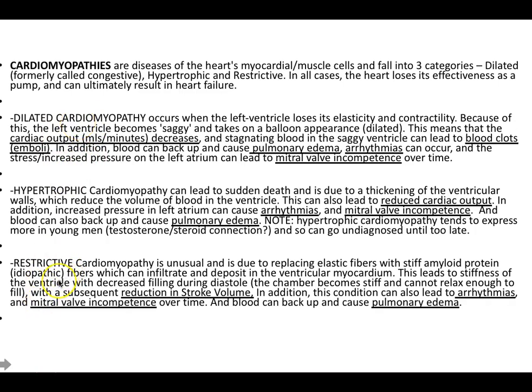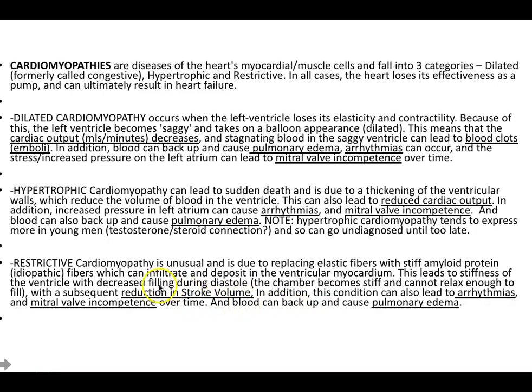The last is another diastolic heart failure called restrictive cardiomyopathy, and an example is a person who has amyloidosis. Amyloid proteins are very stiff. They are very invasive. They tend over time to replace the elastic connective tissue in the heart with the stiff amyloid proteins.